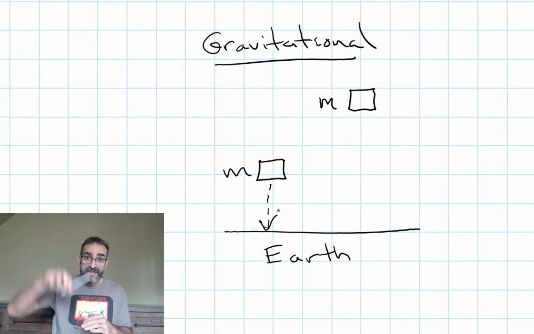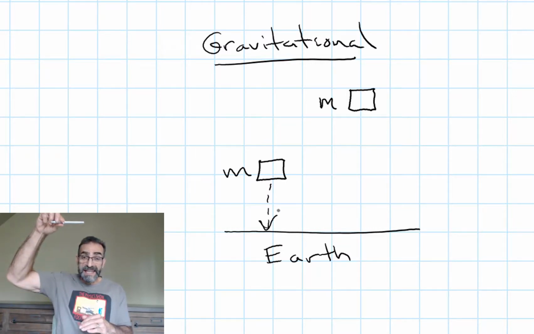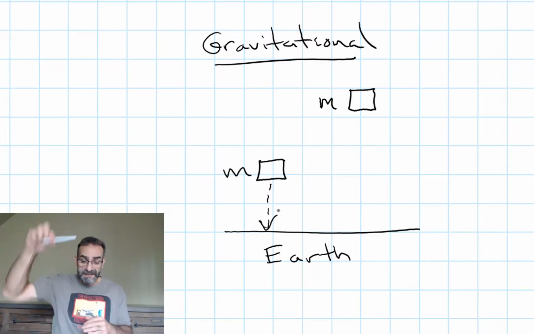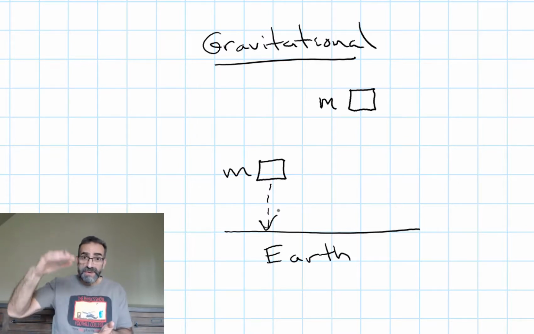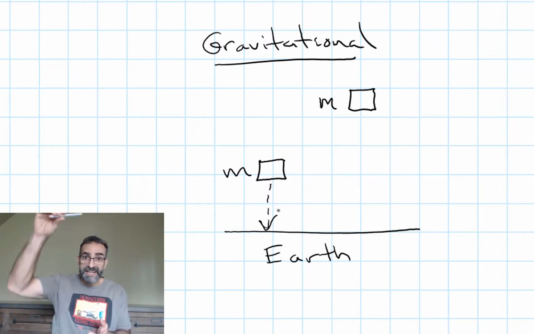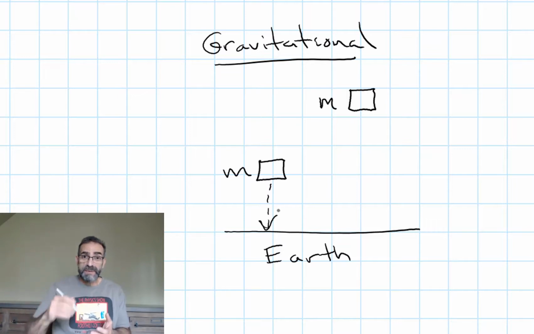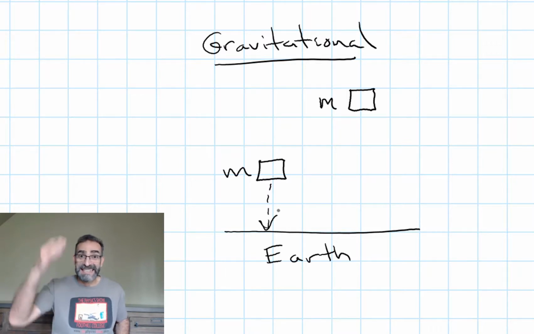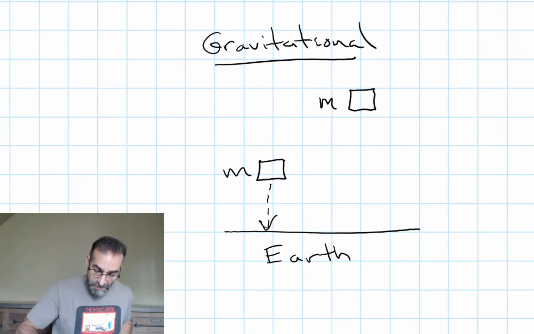If I lift it up to a new height and I drop it from this higher height, it's going to move through the gravitational field a longer distance, which means the gravitational force is going to do more work on my object that's falling. And so the split second before it hits the earth, it's going to have a much higher speed, a much higher kinetic energy, because the force of gravity acted on it over a much longer distance.